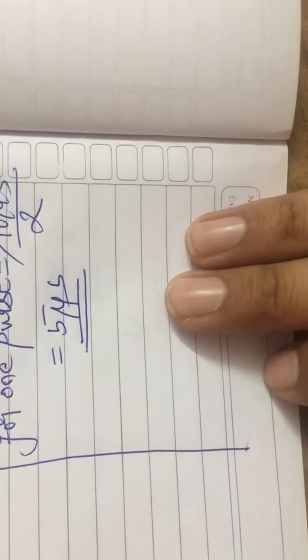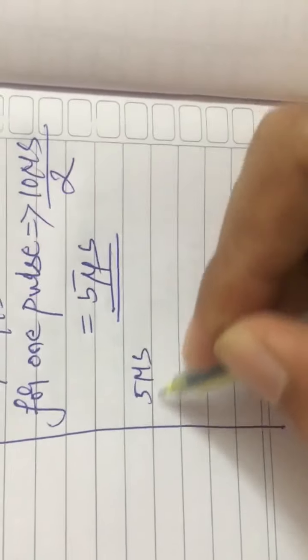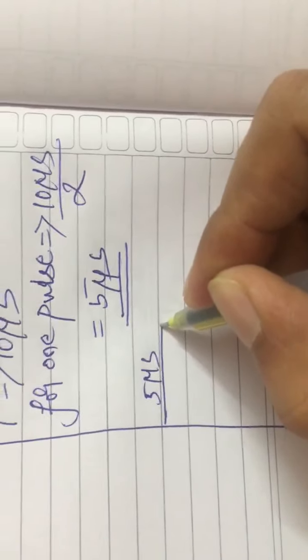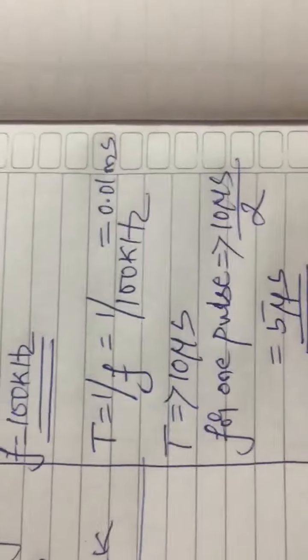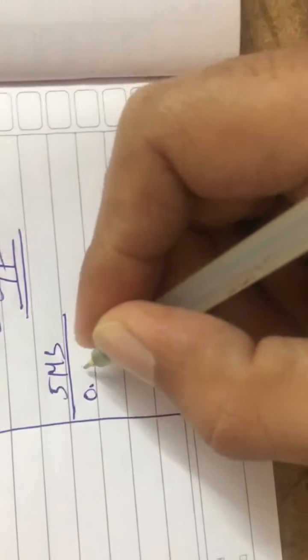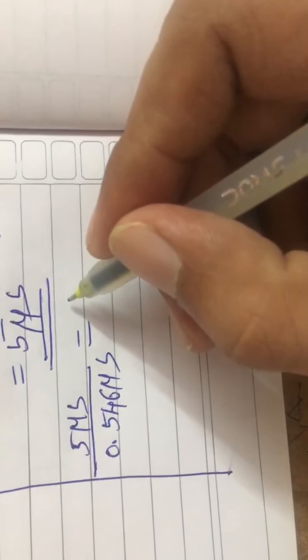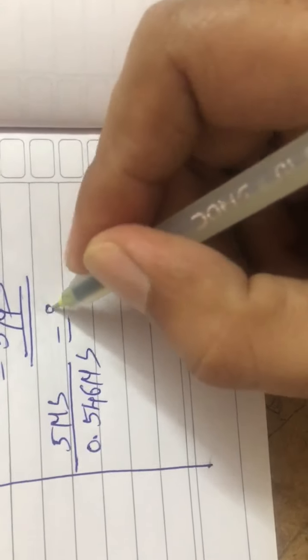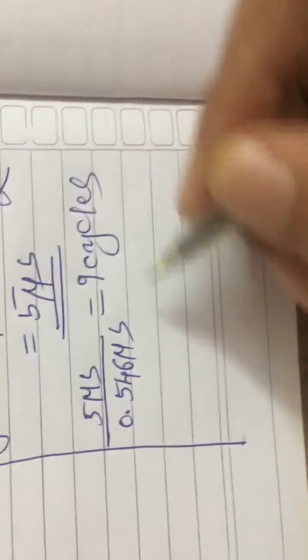This 5 microseconds is to be divided by 0.546 microseconds. You will get about 9 cycles.